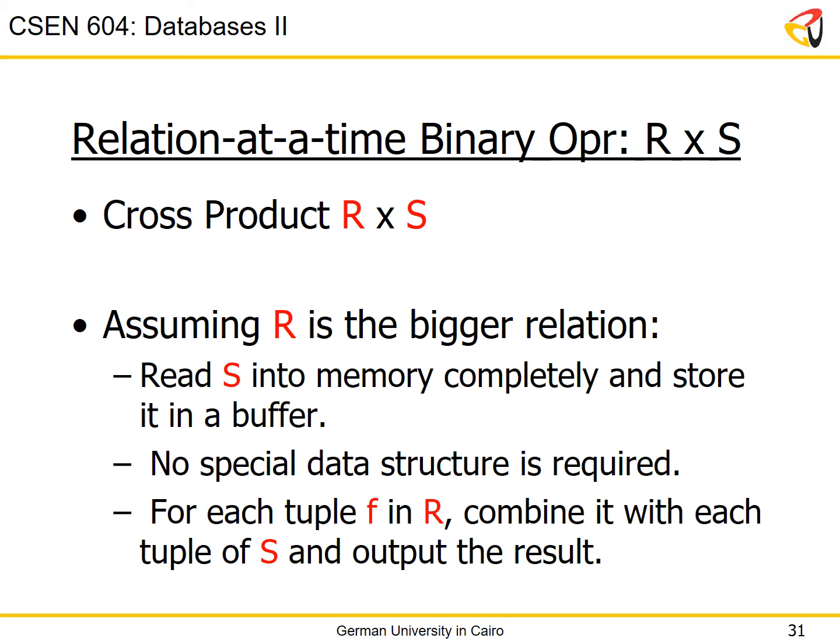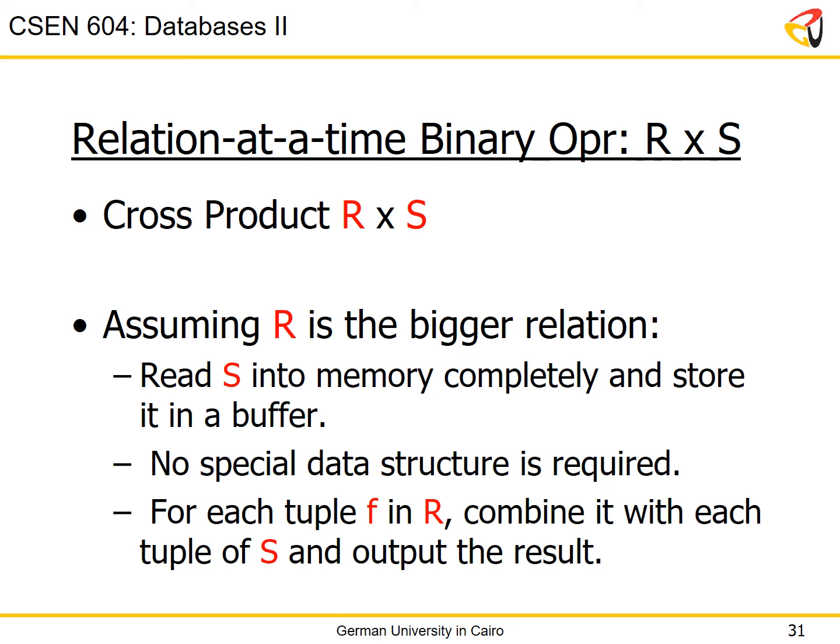Okay? S is read in one pass and put into memory. R is read page by page, and for every page we read from R, we're going to read row by row, and we get a row from R and match it with everything that exists in S. But where is S? S is in memory. So this is again a single pass, because when I say a pass, I mean reading from disk and putting it in memory.